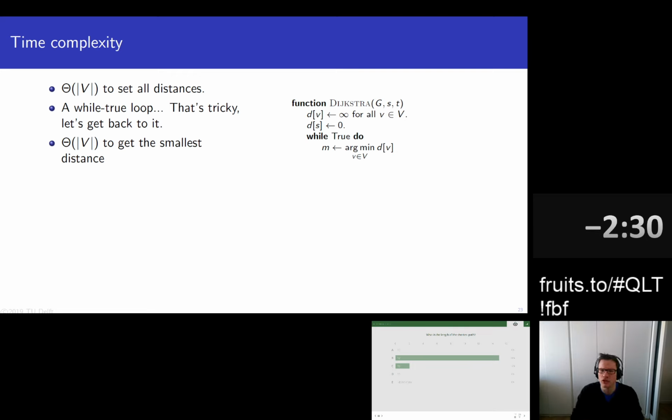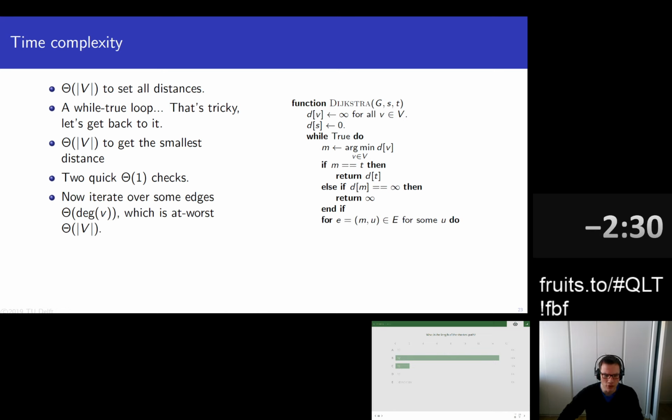Then we take the vertex with the smallest distance. Okay, that would require looping over all the vertices, I guess. So yeah, Θ(V), probably. Now, just two quick checks, right? Is it the vertex we were looking for? Is the distance infinity? I can do both in constant time.